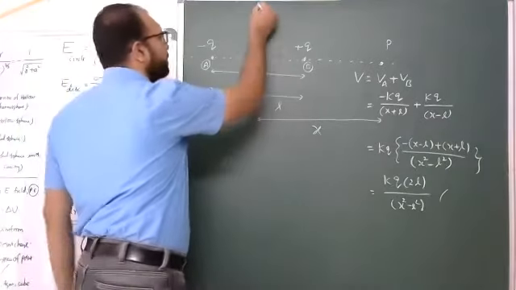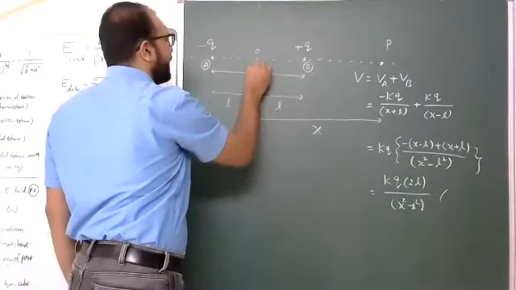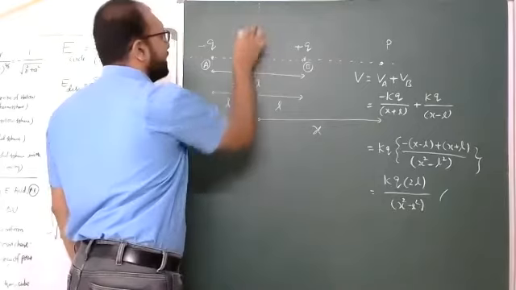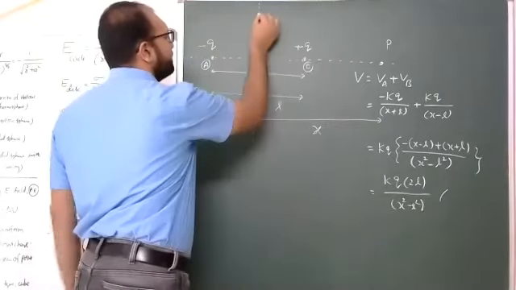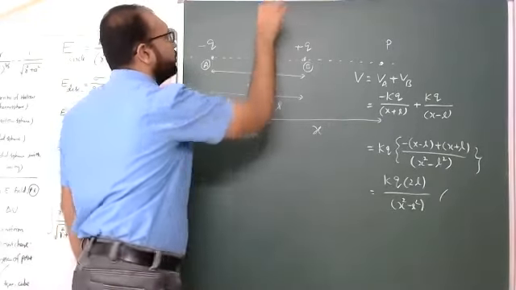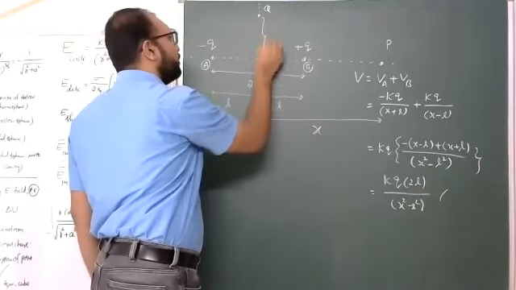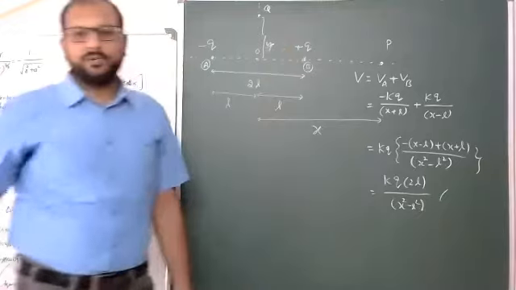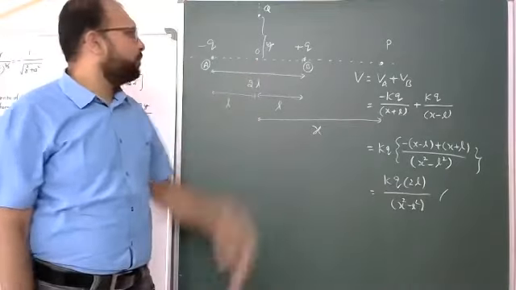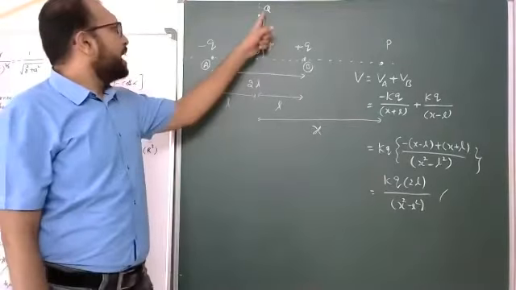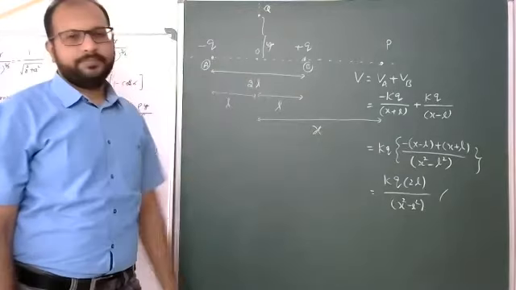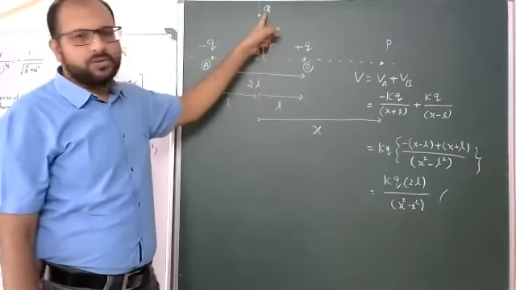Yes, we have one more important line, the equatorial line. On this equatorial line, one point Q I am taking, at a distance y from the midpoint O. At this point Q, this is not a charge, students, not to confuse.